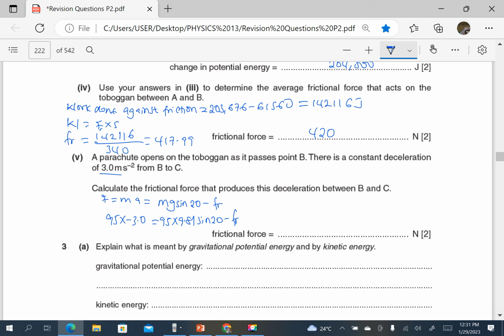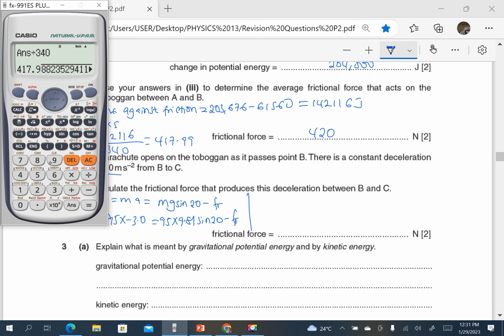So I just solve for the frictional force. I have 95 times negative 3, minus, I bring the other one to the other side, open bracket, 95 times 9.81 sine of 20.